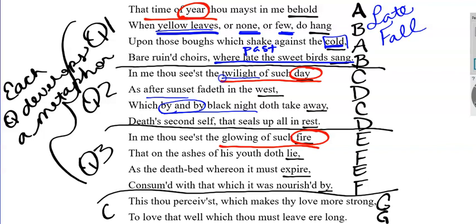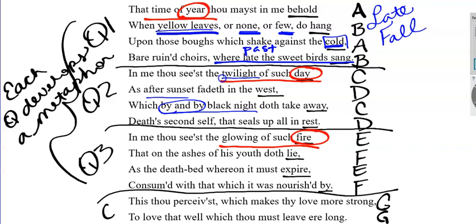So black night is not there yet, it's coming. By and by can mean soon. So we know that it's evening twilight and that black night will be taking away all of the light very soon.